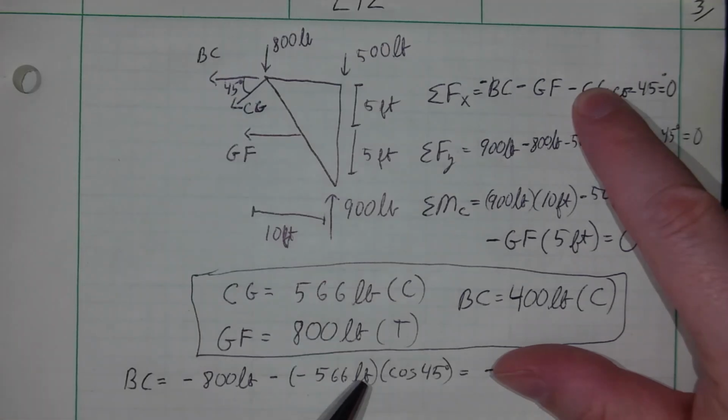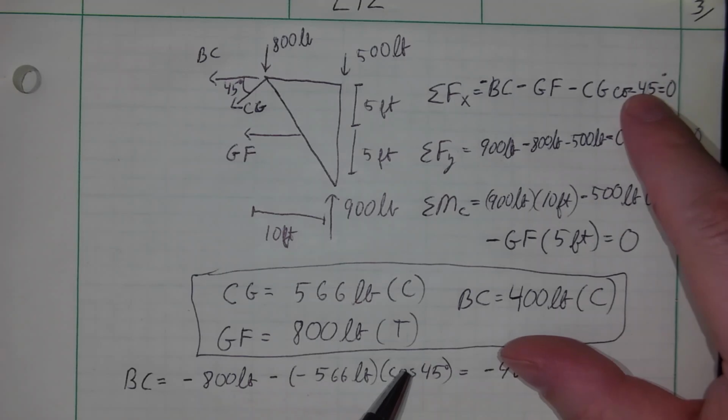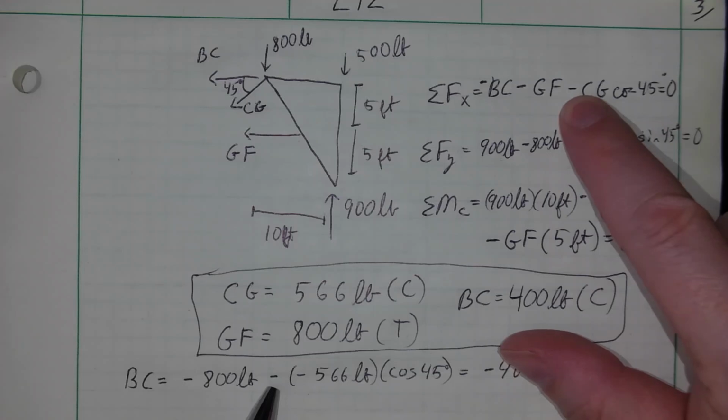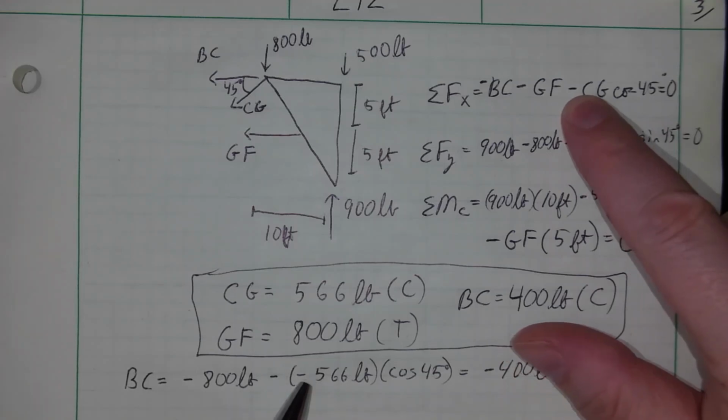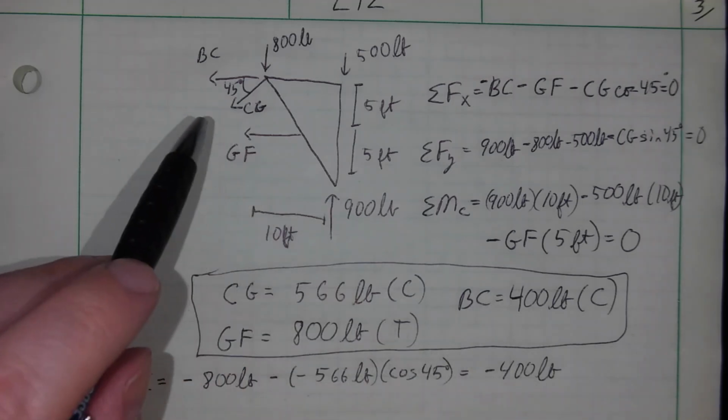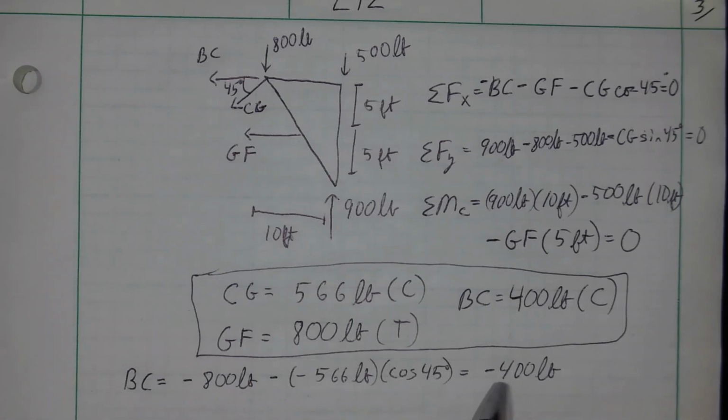So it's minus 566 times the cosine of 45, and the equation already had a negative sign in it. So it ends up minus a minus. So this ends up positive, this one's negative, this one's larger than this one, so your final answer ends up with a negative sign. So BC, which we've drawn in tension, we get a negative 400 pounds. That tells me it's actually 400 pounds in compression. All right, that's a nice stopping place. We'll pick up from there.